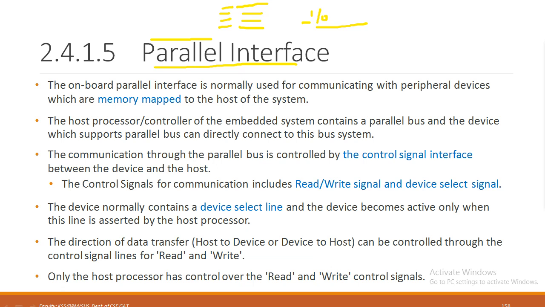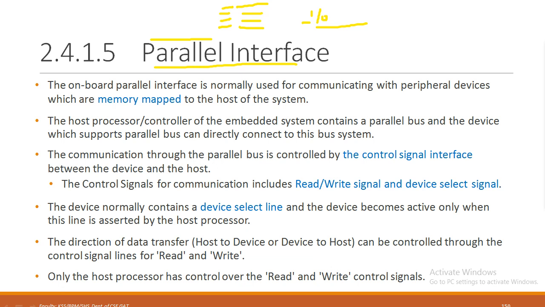Printers, maybe dot matrix printers, were connected to the host computer by using a parallel interface. Nowadays we have a USB interface, so the parallel interface is not used too much.